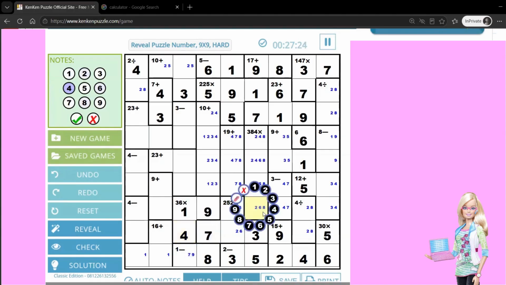And 2 can't go in there because it has to go in here. And if it doesn't go in there, then it's going in there. Okay.